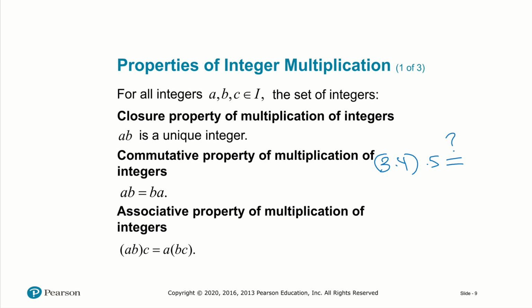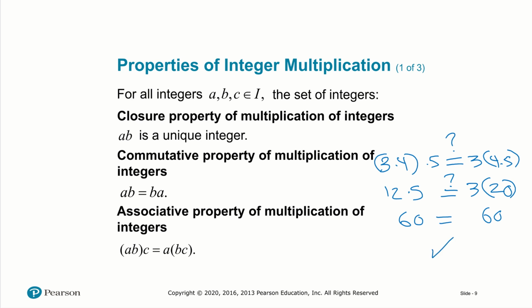We want to know if that's equal to 3 times 4 times 5, like that. Now notice here we get 12 times 5. On the other side, we get 3 times 20. At first, they look different, right? But notice the left side actually ends up to be 60, and so does the right side. So yes, it checks out. That's what we mean by the associative property. All right.